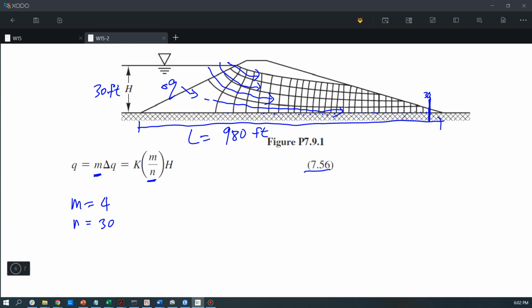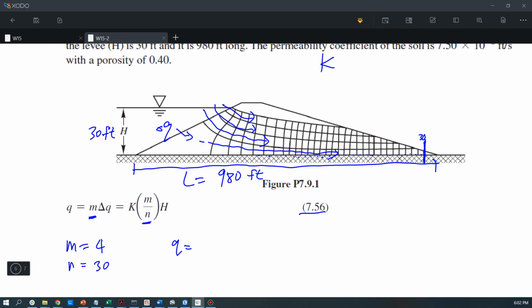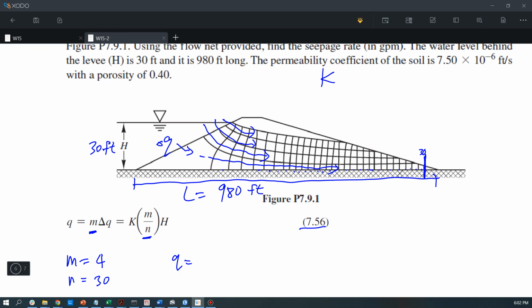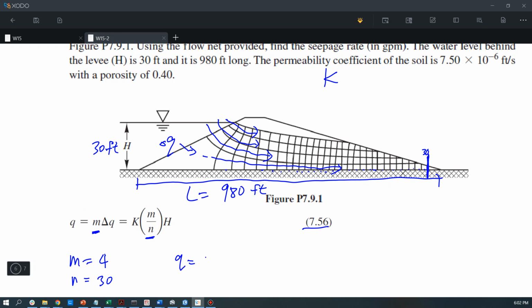So we know that the K, the permeability coefficient, is 7.5 times 10 to the power of -6 times M divided by N, that is 4 divided by 30, and H is the height, which is 30 feet.